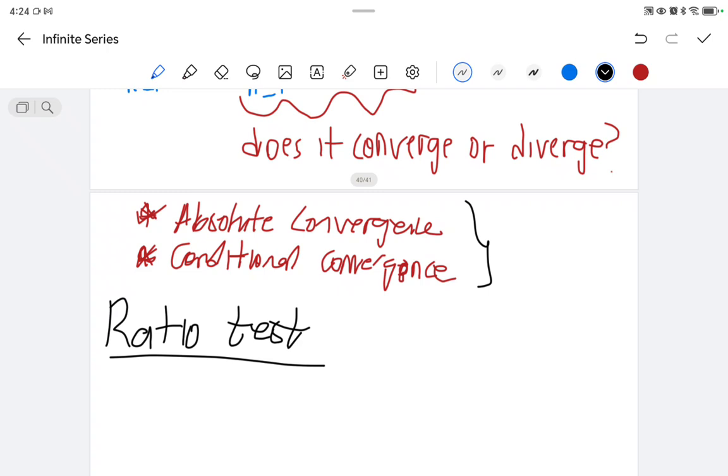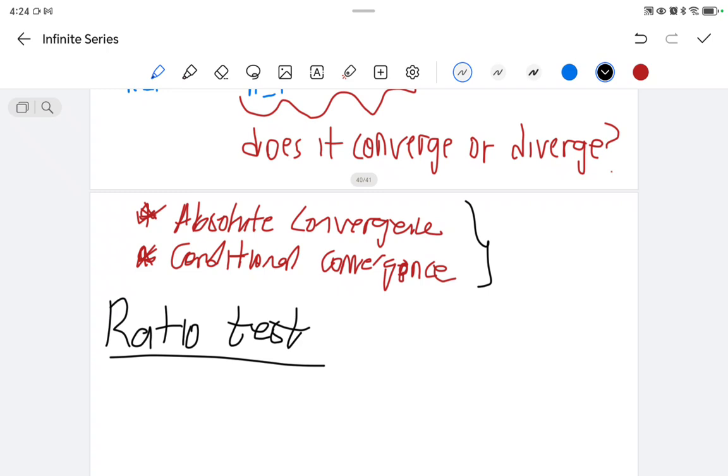What is the other word for the root test? We call the root test what? They can come and bring it the other way, right? So let me just type here.